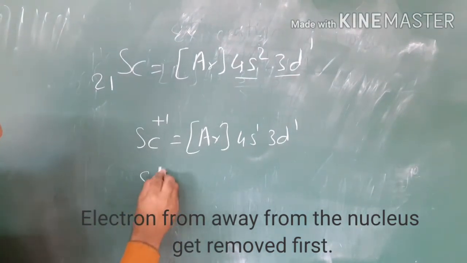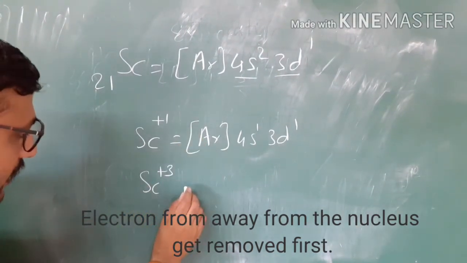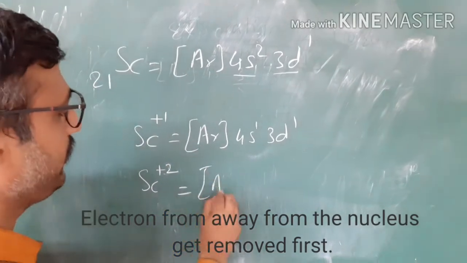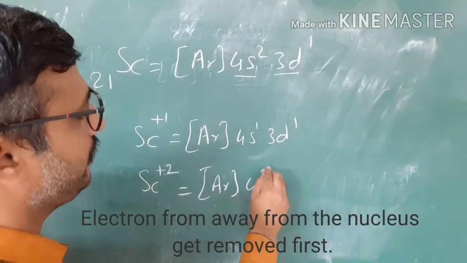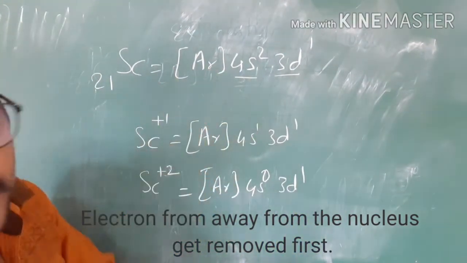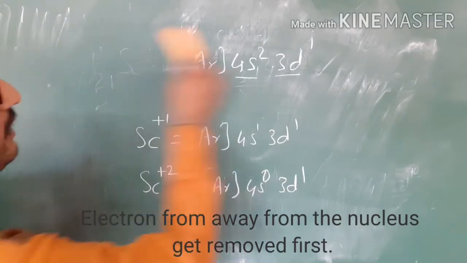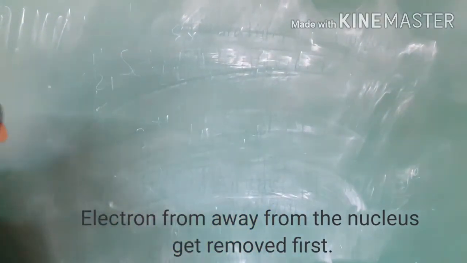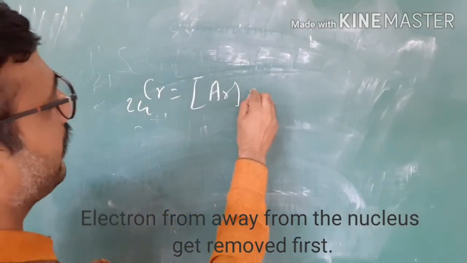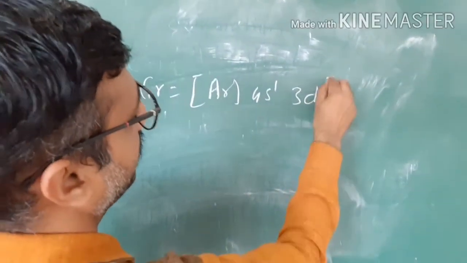Now if we want scandium plus 2, what should we do? Argon 4s0 and 3d1. So 2 electrons are to be removed, and we remove them from 4s only. Now let's take the example of chromium, atomic number 24, with electronic configuration argon 4s1 3d5, isn't it?